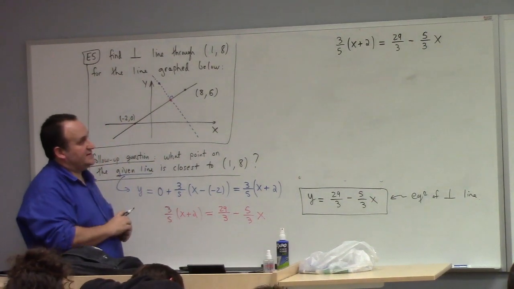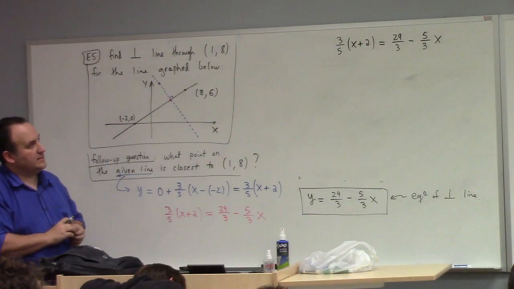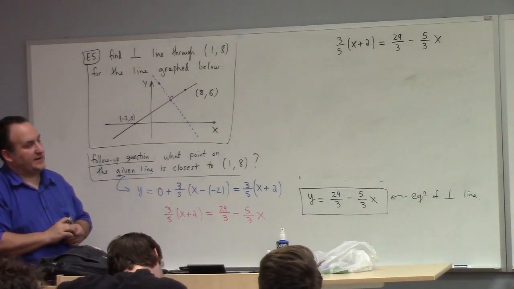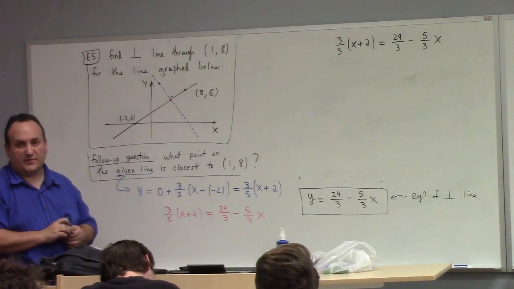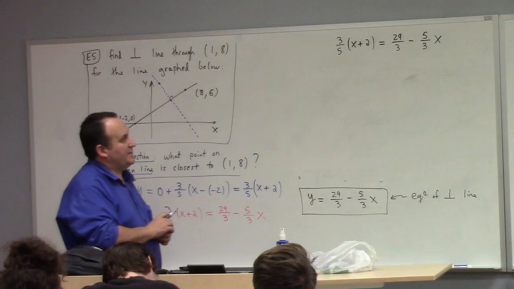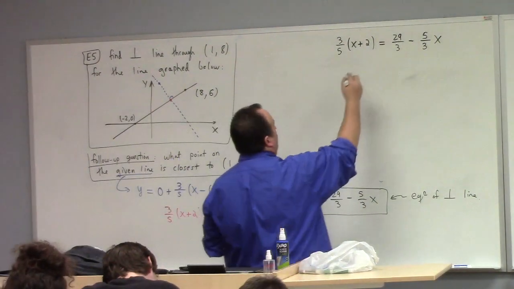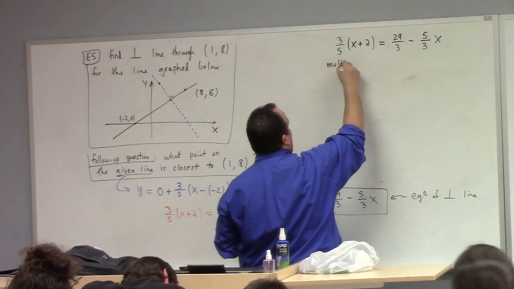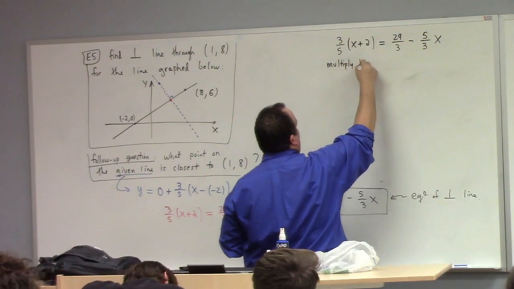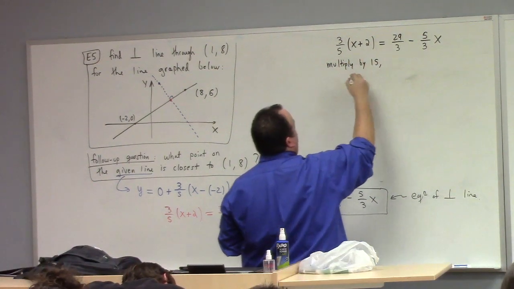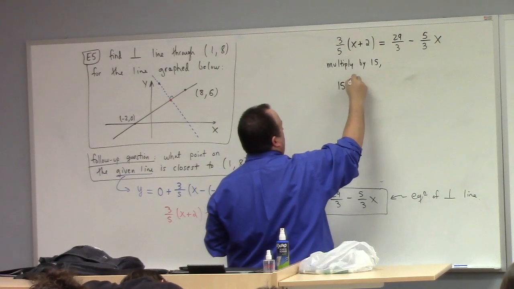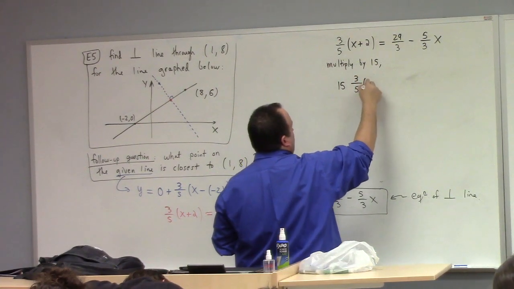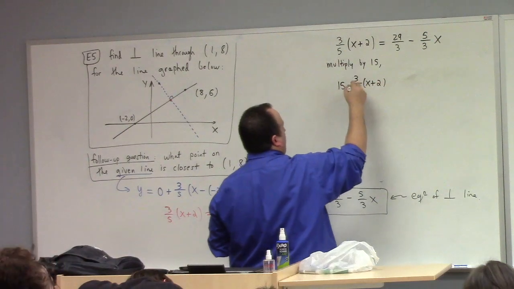All right, so going back to the start of today, I think we should multiply this by the least common multiple of the denominators. Multiply by 15, yeah. So multiply by 15. That gives us 15 times (3/5 x plus 2), right?